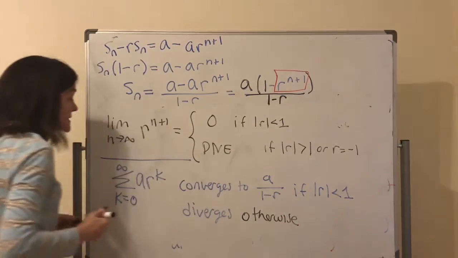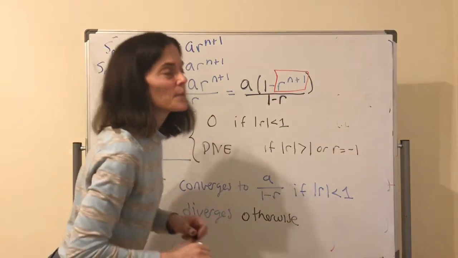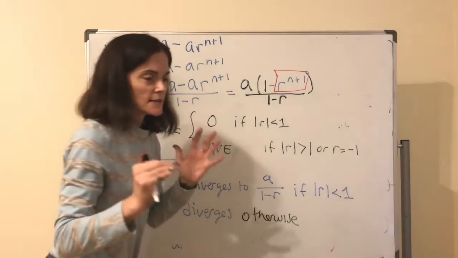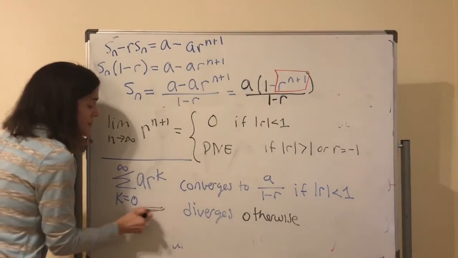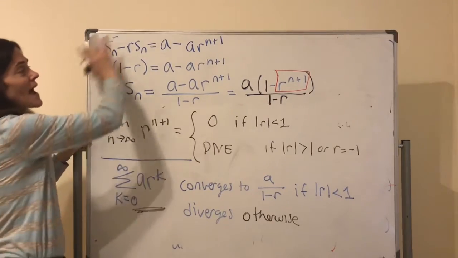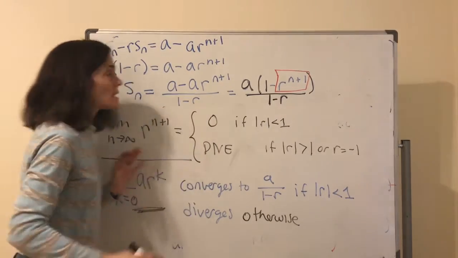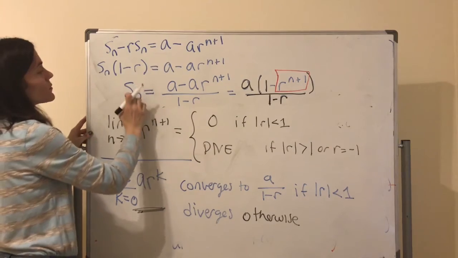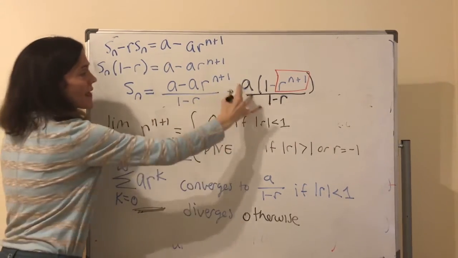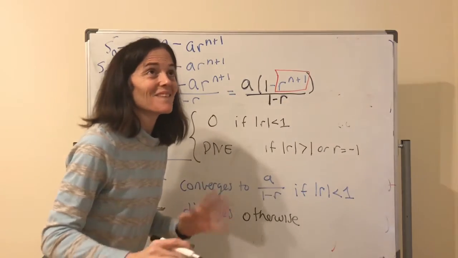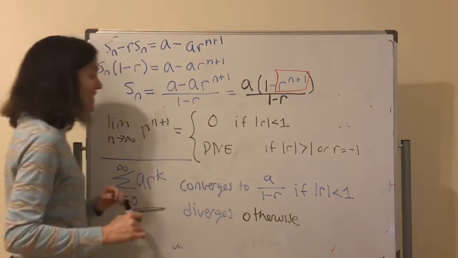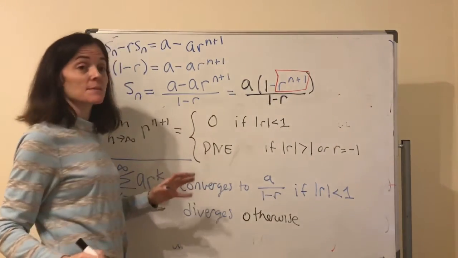So this is something you will see, for example, in the sheet of all the tests I will hand out. If you have a geometric series, you don't have to recreate this process of writing Sn as this, and then taking a limit when r is 1, r is not 1, like I did. That was justification of really where this comes from.